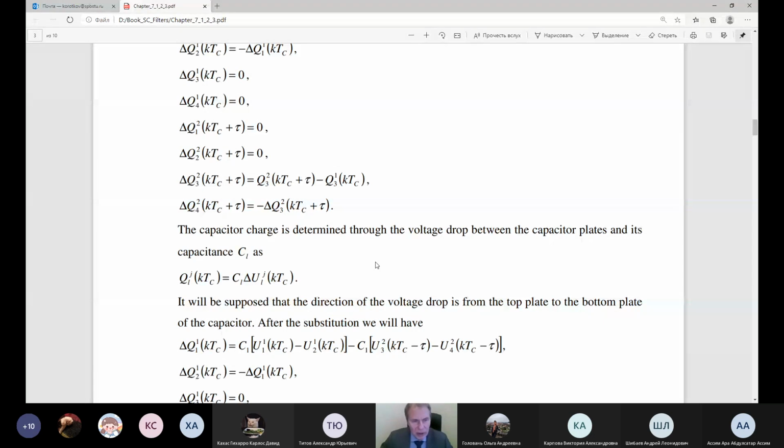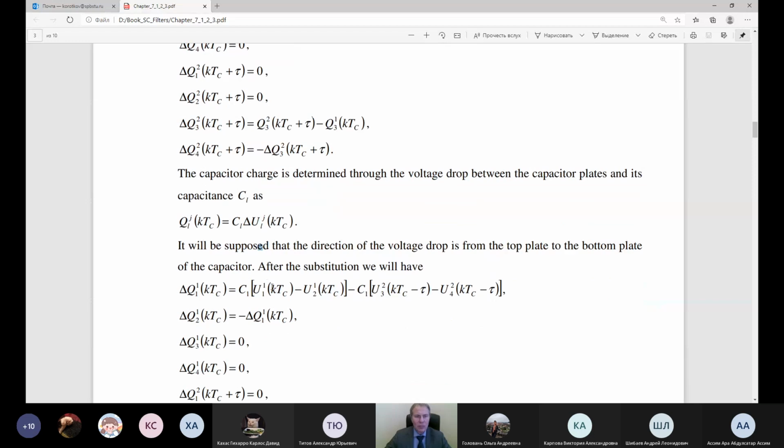It is necessary because it is possible to rewrite the formulas for the charge of the capacitor in this form. Look, the right side of this equation corresponds to the charge of the capacitor, which is presented using the voltage drop on the capacitor. You see? Voltage drop on the конденсаторе.